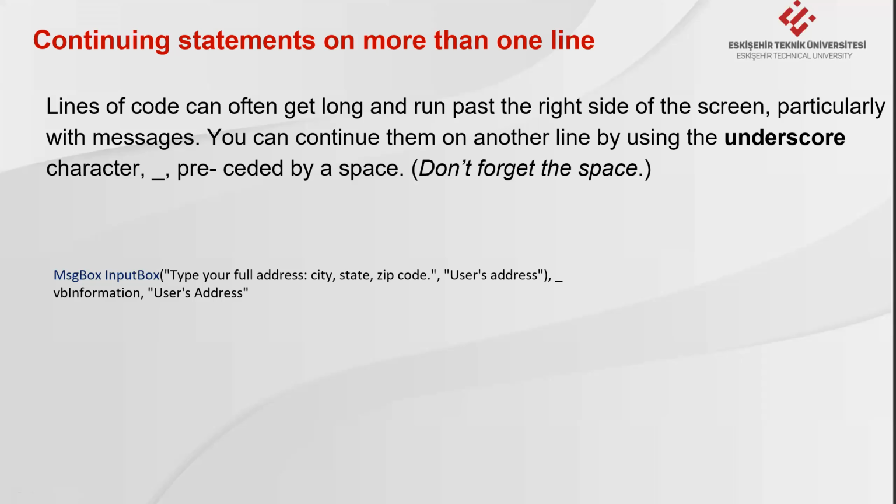So, for example, we use MsgBox in here, and again in the MsgBox you say InputBox. In the InputBox you say type your full address, city, state, zip code, and user's address, and then you assume that your line finishes in here, so you can continue with an underscore preceded by a space as you see in here, and you can use the second line for it.